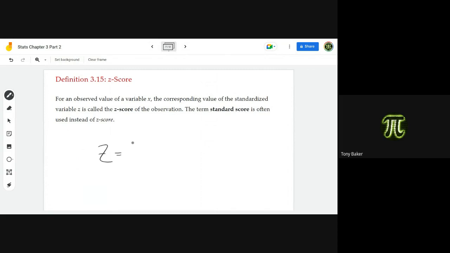The z-score is taking whatever value I have and subtracting the mean and dividing it by the standard deviation. Okay? So this is basically telling me how many standard deviations I am away from the middle, from the mean.